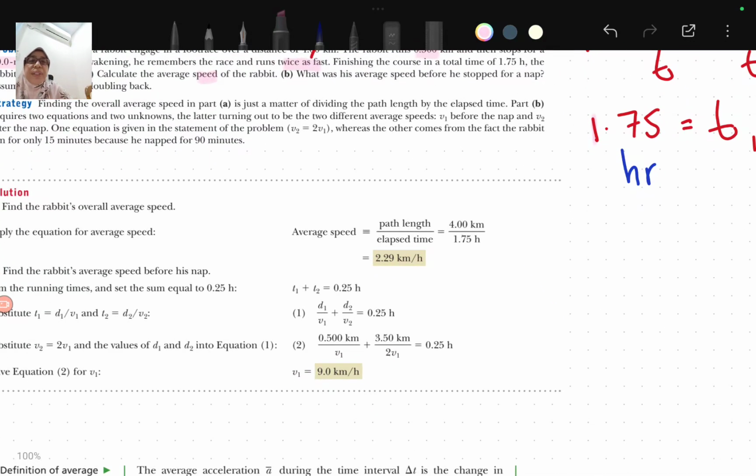Now, the term average here is very simple. You have the total path length, total distance, and then just divide by the total time taken for the whole process. The total whole process, including sleeping, is 1.75, but he is only productive over the 4 kilometers. So that's how you get 2.29 kilometer per hour. How do you get kilometer per hour? Look closely at what you have substituted.